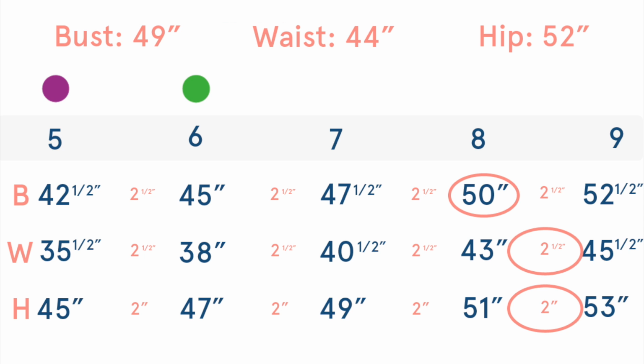Because we're going to be getting close to a size 9, we're actually going to grade out to a size 9 all over. And then we're going to blend between the size 8 at the bust and the 8.5 at the waist and hip. If you're unsure about how to do that, then I have a tutorial on how to choose the correct size pattern that shows you how to blend between sizes.